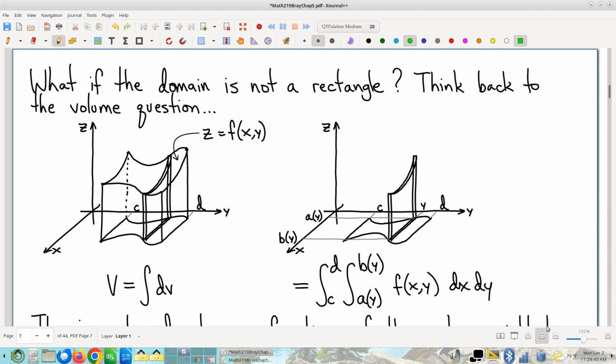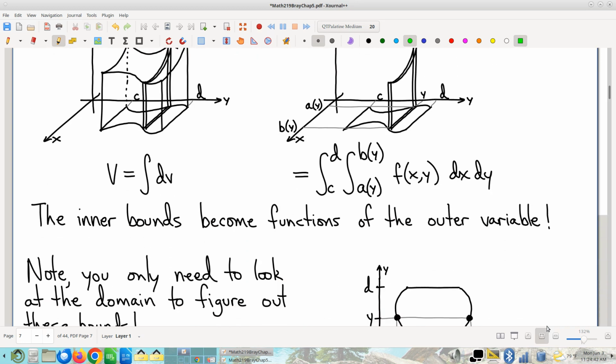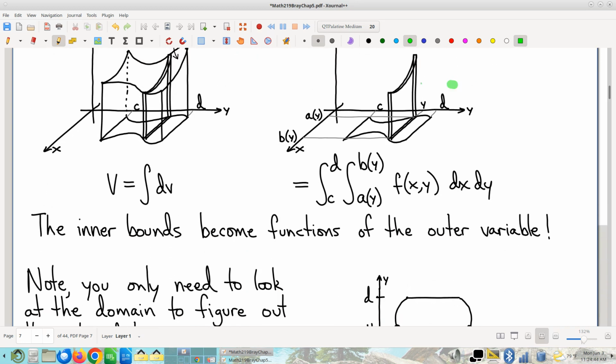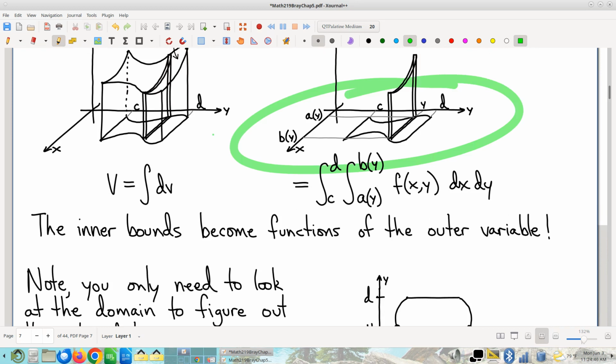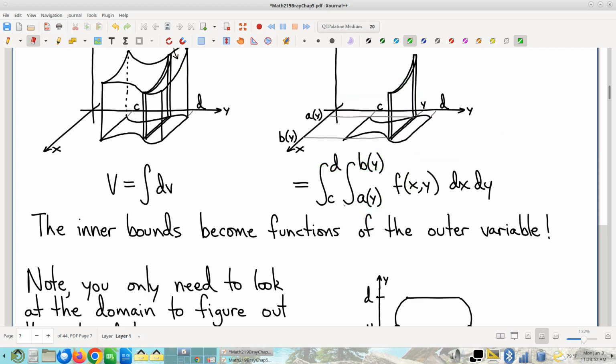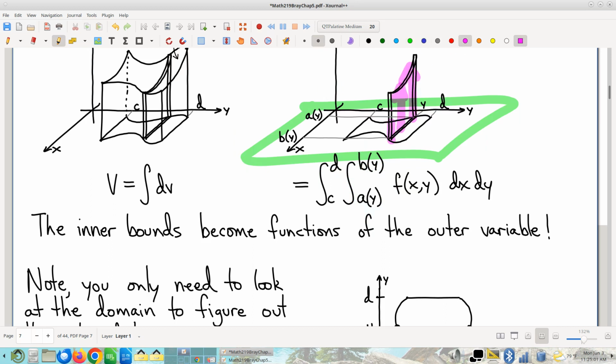Okay, so now even more good news. This argument that I just made about how to determine those inner bounds: notice, everything I did was happening in the XY plane. The verticality of this, how tall, how much up, didn't have anything to do with the argument about the bounds. The vertical aspect of that picture only manifests itself in the integrand.